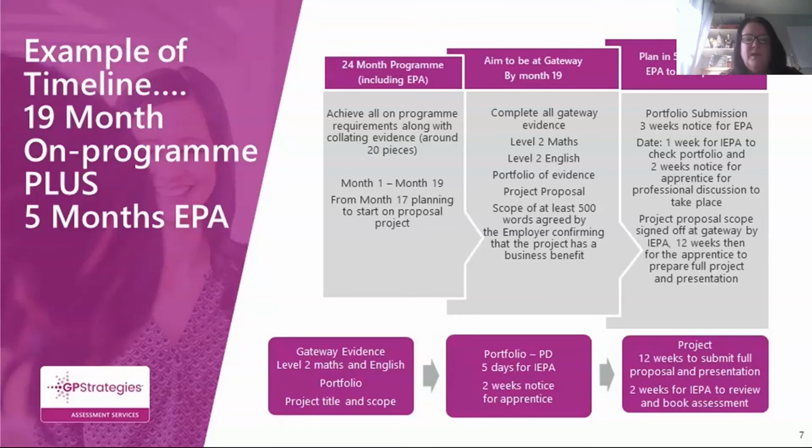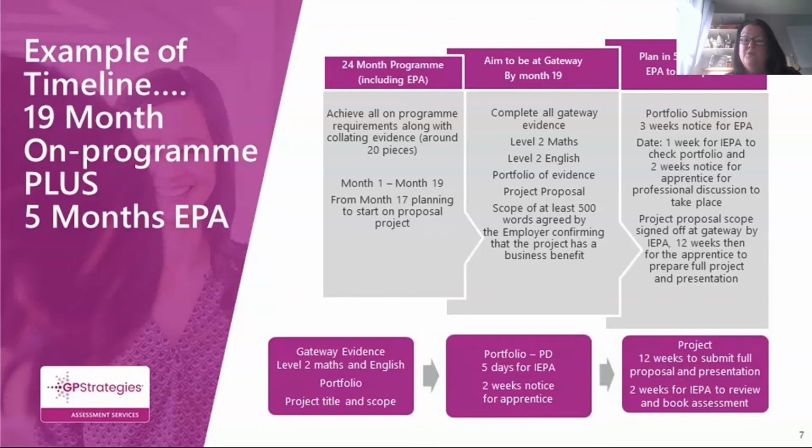So what we've got here is gateway evidence, again, level 2 maths and English, portfolio, and like I say, that project title and scope. Then you've got your portfolio, professional discussion. That's 5 days for the endpoint assessor to actually check the evidence and plan their professional discussion, and the 2 weeks notice for the apprentice to actually sit their PD.